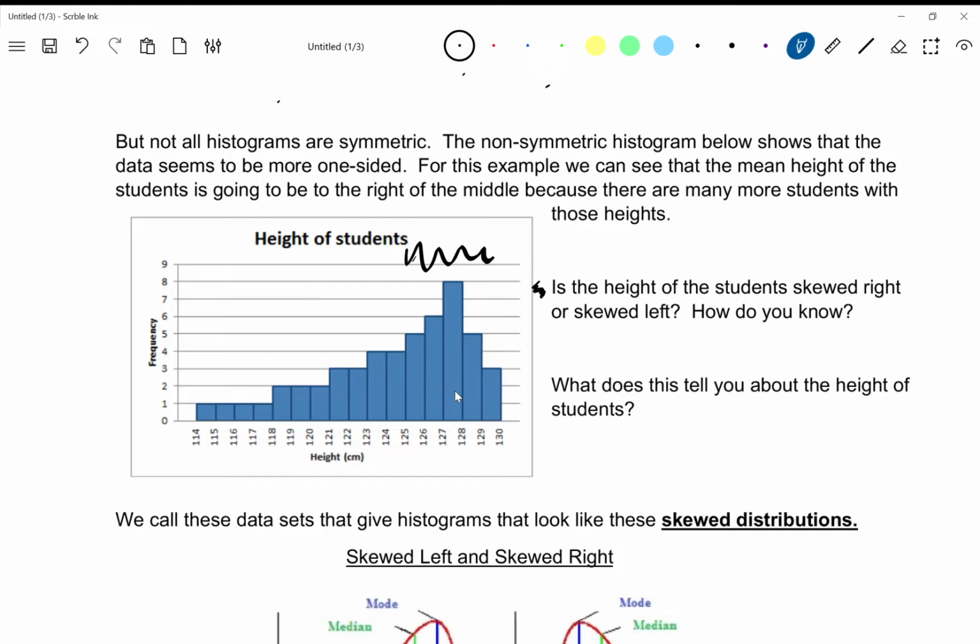Instead of the left-hand side making it symmetrical, the left-hand side was kind of stretched out, and this will just be called skewed left. This tells you there's a lot of range of students' heights on the bottom half, and on the top half it's all centered towards the same heights.